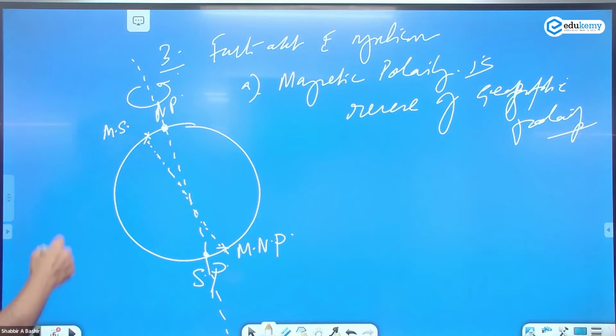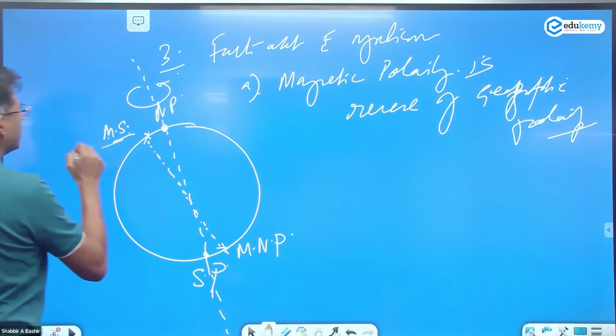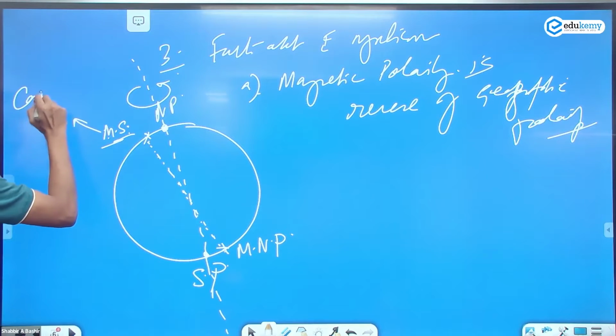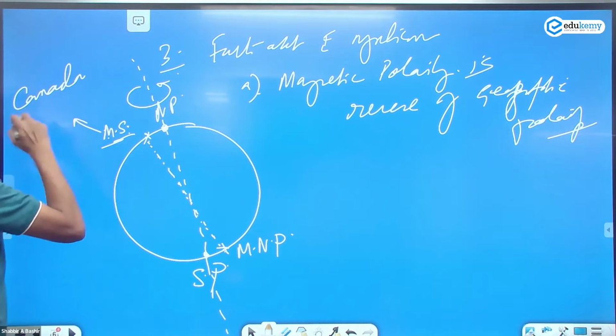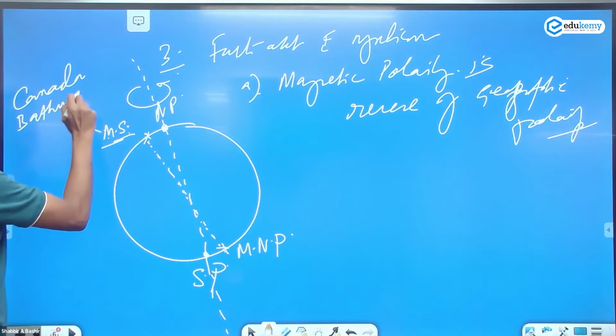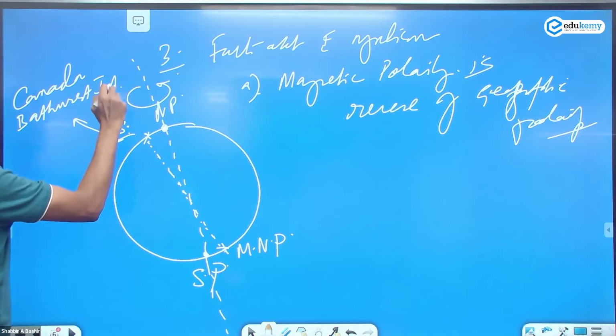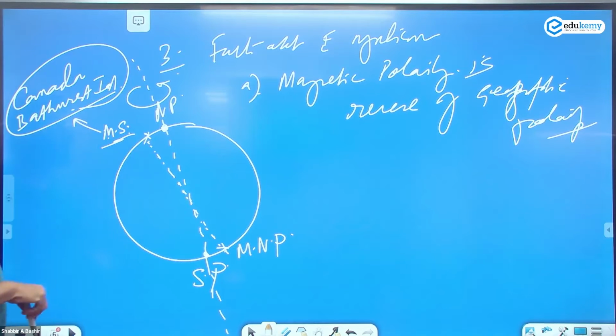Okay, and this South Pole, the magnetic South Pole which is in the north, is in Canada, near a place called Bathurst Island. It's near that, not exactly that.